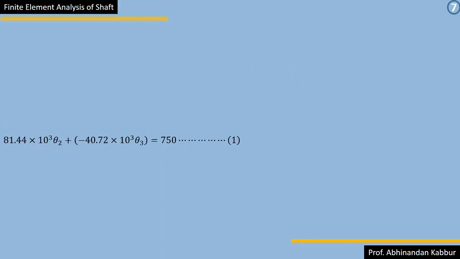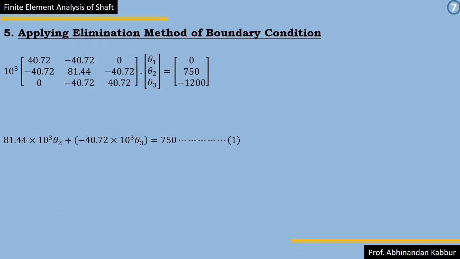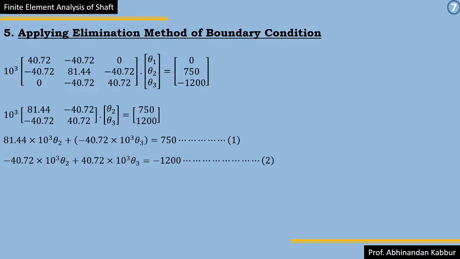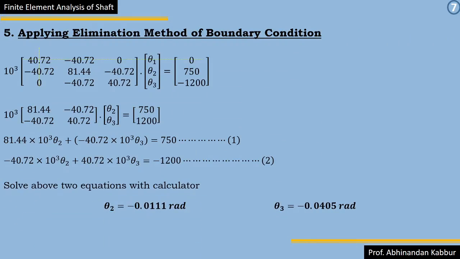Then I need to apply the elimination method of boundary conditions. When I apply it, as my node number 1 is completely constrained, my first row and first column will be eliminated, leaving 81.44, minus 40.72, minus 40.72 and plus 40.72. That is what I have written here.